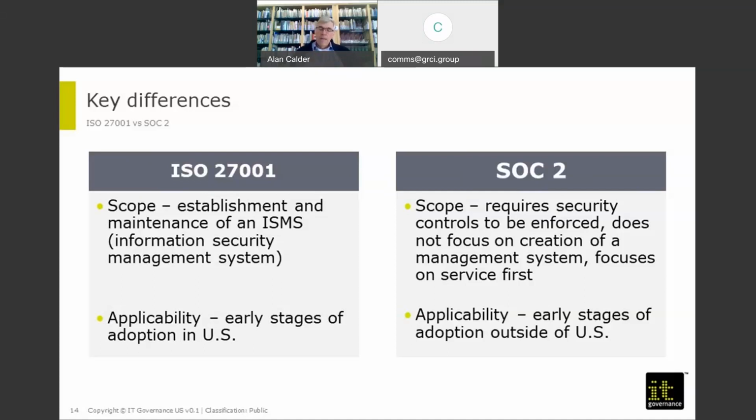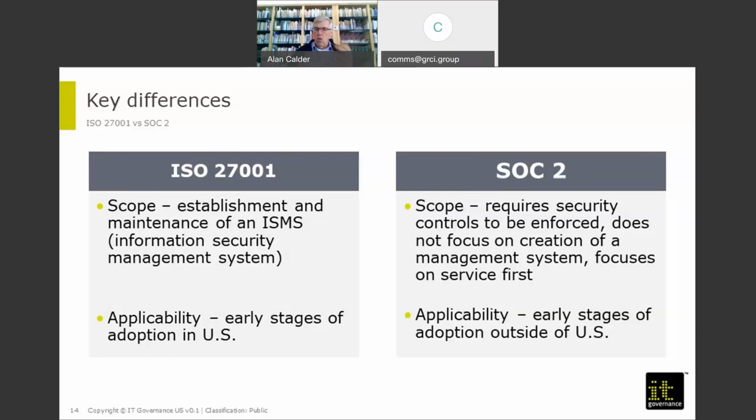On the other hand, given the application of SOC 2 is usually driven by a specific client who wants particular aspects of your security certificated, it can be a more cost-effective method of demonstrating that if it's integrity of data, then it's integrity of data that you've dealt with, and you don't need to worry about anything else. So there are differences in terms of how you might apply ISO 27001 and SOC 2.